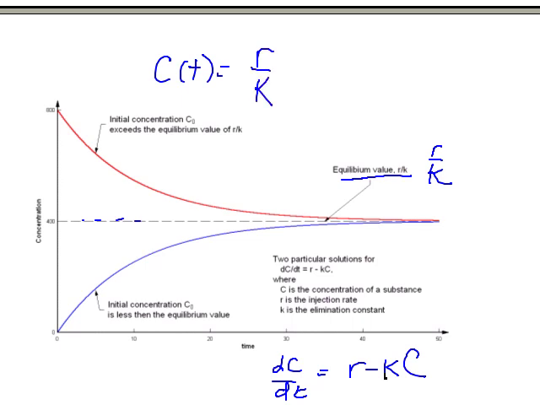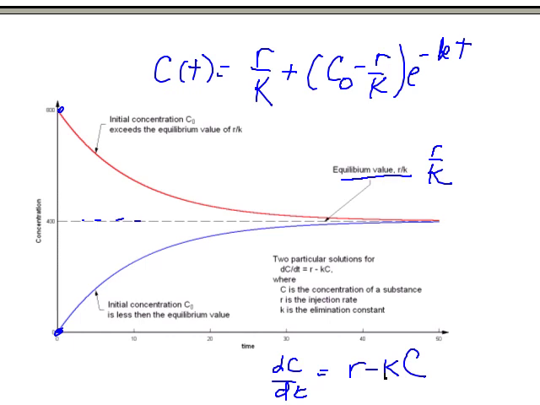C equals R over K, the equilibrium value, plus, and now it's the initial value. Here the initial value is 0. Here the initial value is, well, I guess it's about 800, minus the equilibrium value of R over K, e to the minus kt.